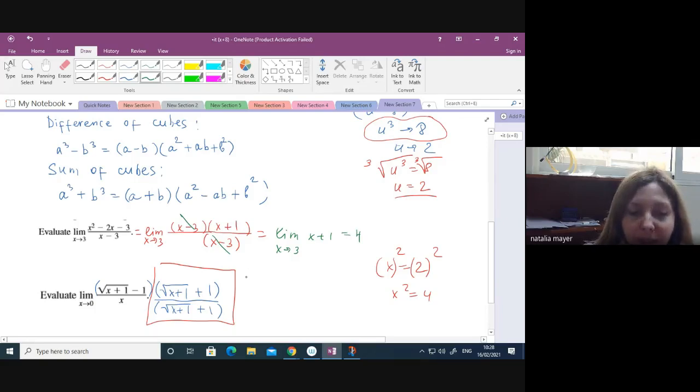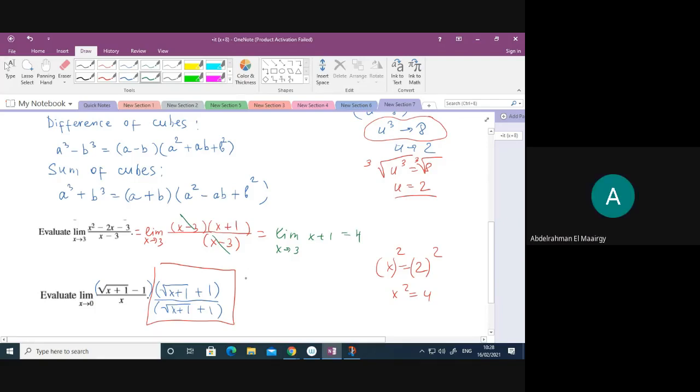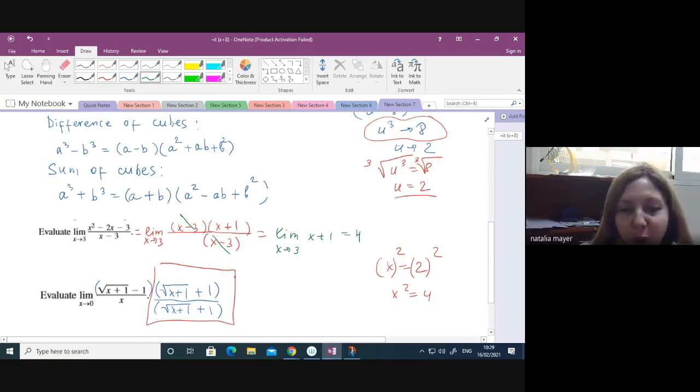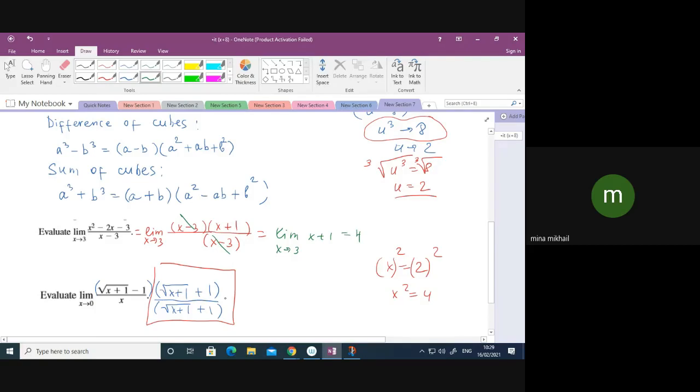Because we multiplied the top and the bottom by the same thing, so we didn't actually change the equation. If you want to keep the fraction as is, you can multiply the numerator and denominator by the same thing. I thought it would be more straightforward, because we didn't multiply the numerator only.